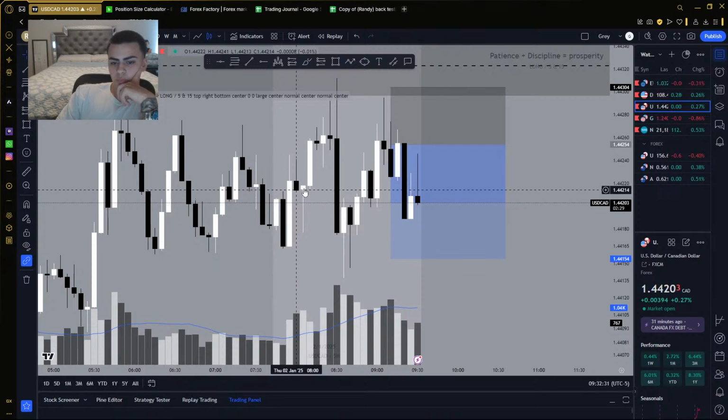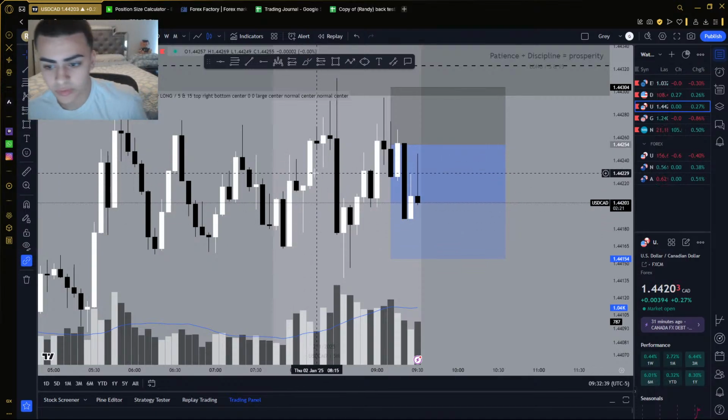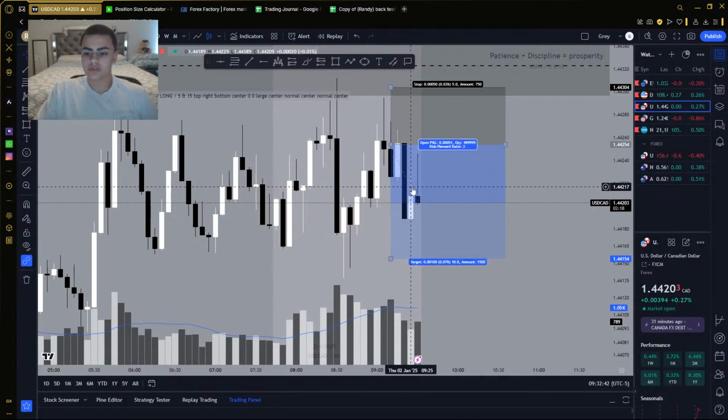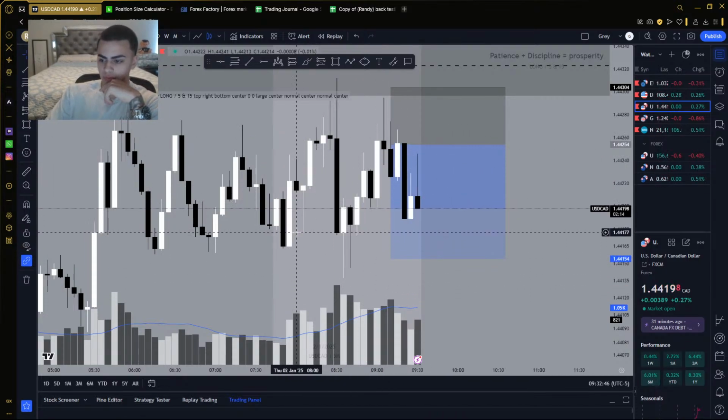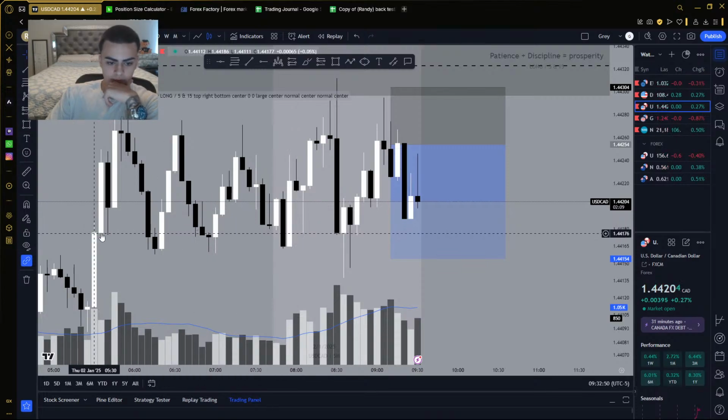It basically pulled one of these. You saw how it reversed all the way down here? It went down here and then pushed back up. Basically pulled one of those. But over here, what it did was it just went up to grab this order block. Over here, it just went down to grab some liquidity. Like, let's say it just went down to grab this point right here.